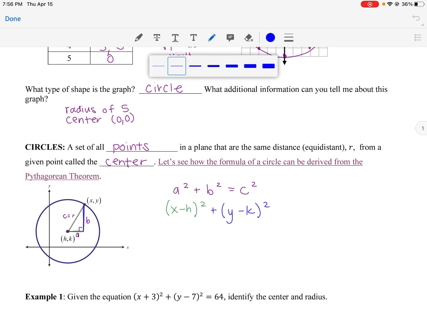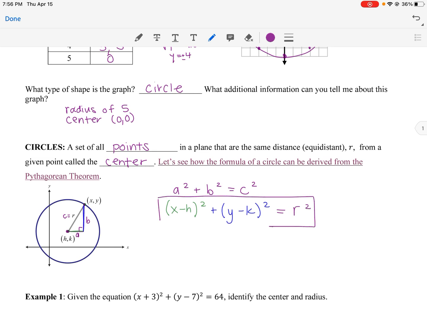And it all equals c squared, which is equal to the radius squared. So this is our generic equation for a circle. I'm going to put some notes down here, where (h, k) is the center and r is the radius.